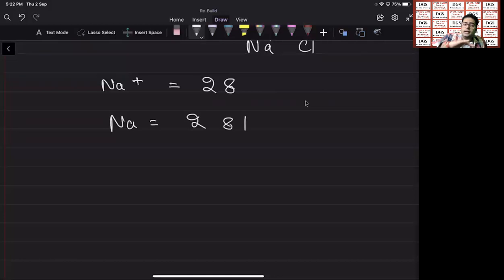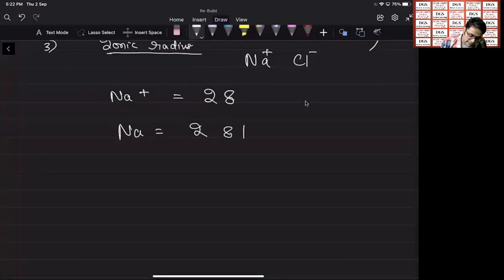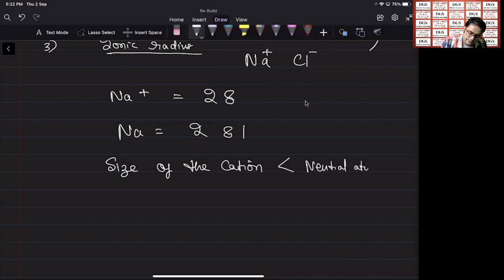As it has lost the outermost electron, we don't require the third shell anymore. So definitely the size will decrease. So the size of the cation will be lesser than its neutral atom.